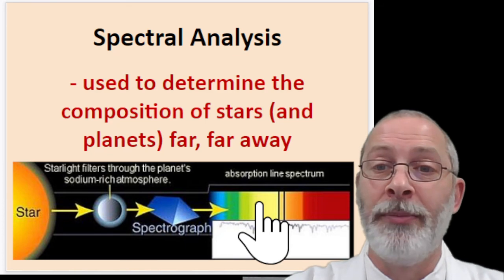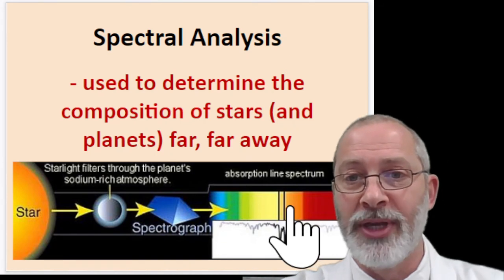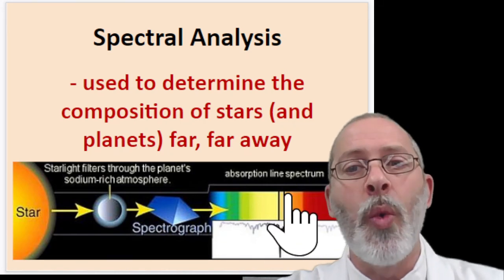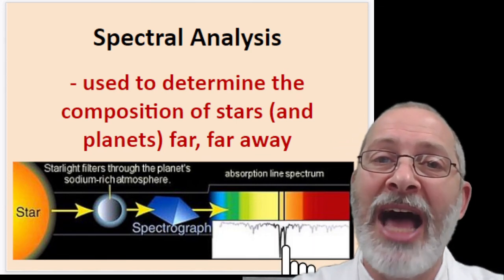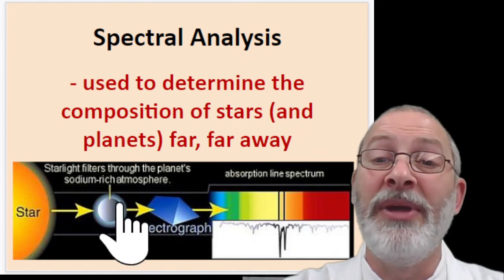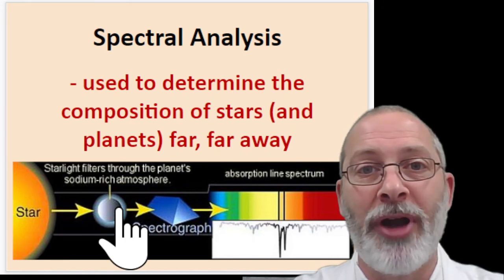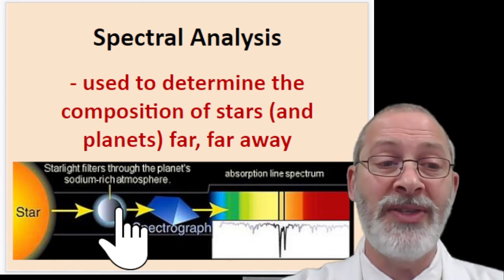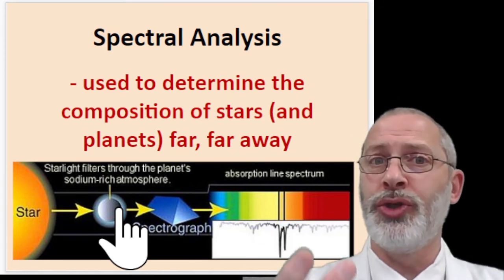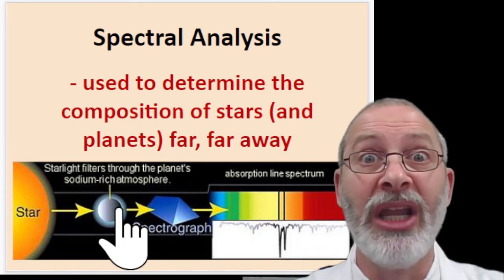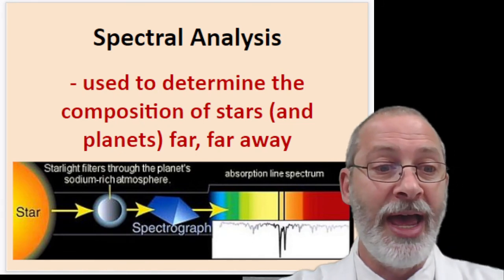And in some units, they use what's called an absorption line spectrum to do this, which means there are certain wavelengths of light that determine the exact identity of the elements that can be found in the atmosphere of planets billions of miles away from us. And by knowing the elements that exist, we can make predictions as to whether that planet might harbor life or not. We'll talk more about that in the future as well.